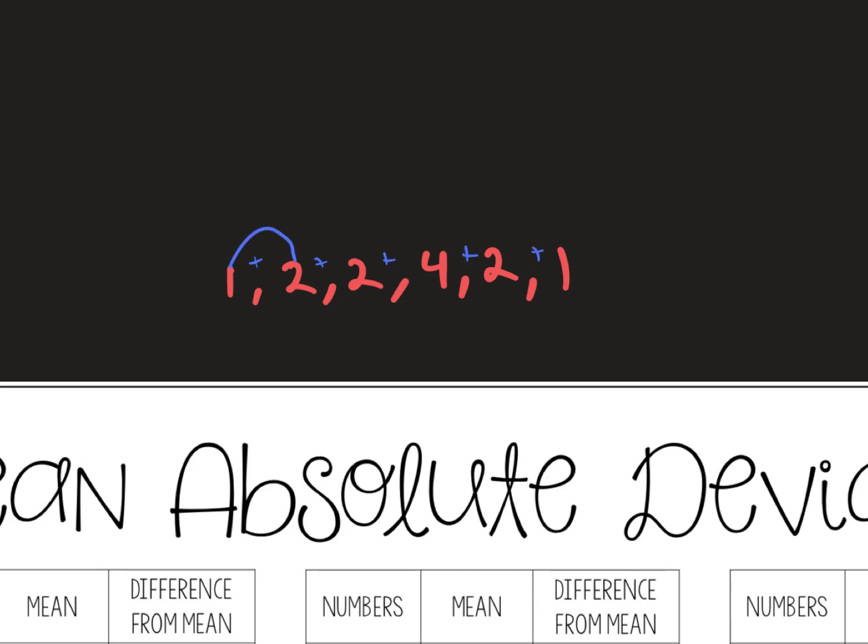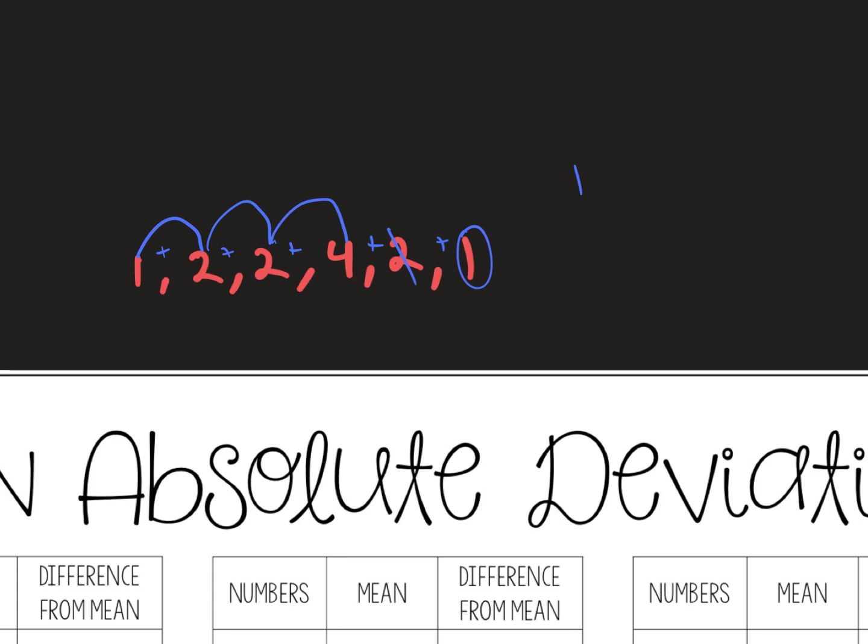So that gets me 3, that gets me 5, that gets me 9, that gets me 10, and 12. So I have 12, and I have 1, 2, 3, 4, 5, 6 terms. So I have to go 12 divided by 6, which will get me a mean equal to 2.